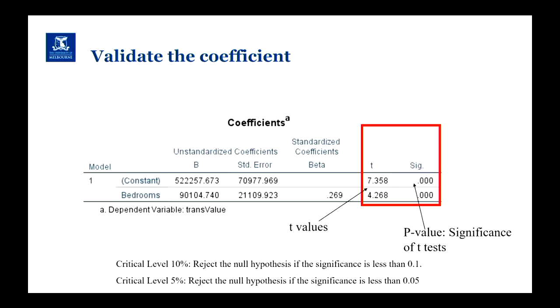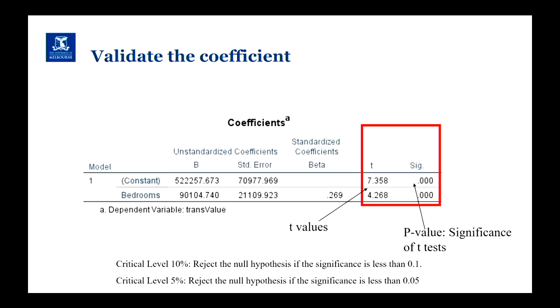In this case, that means the number of bedrooms will influence the house price by 90,000 plus. That's the value of the coefficient. And the other property is the significance, which indicates whether this value is reliable.